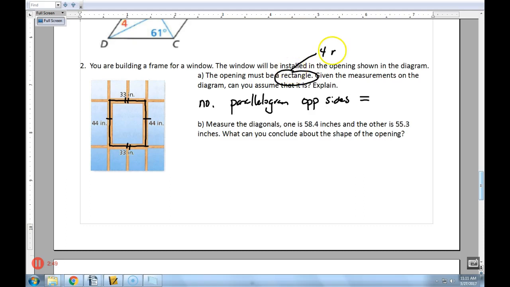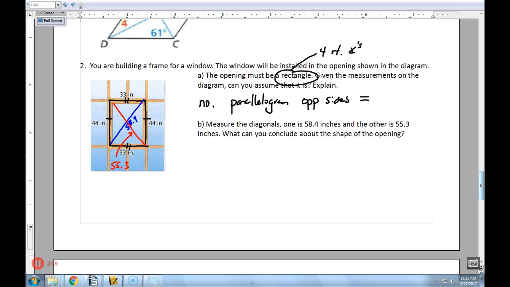So I have to have 4 right angles, and also I need to have diagonals that are congruent. For part B, it says measure the diagonals. One of them is 58.4, and then the other one is 55.3.